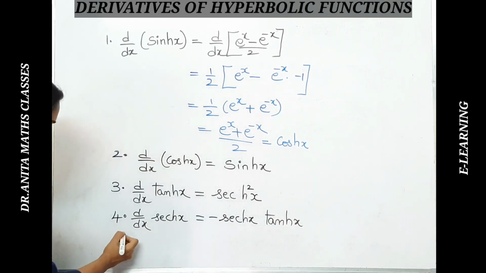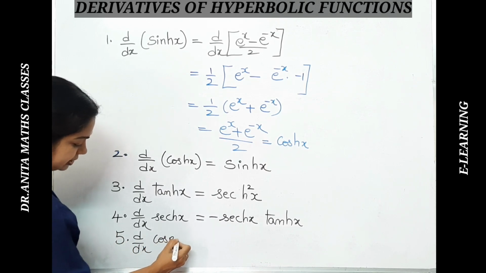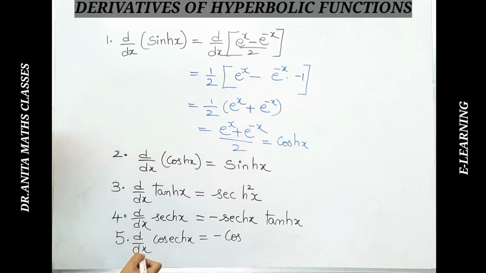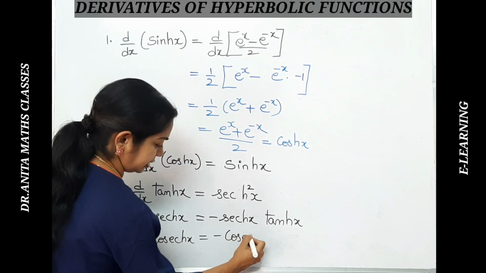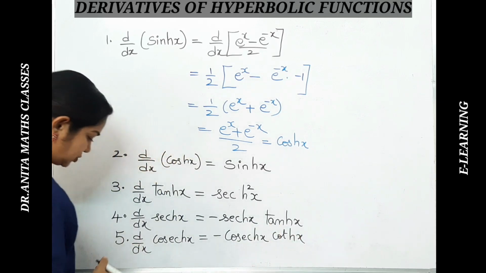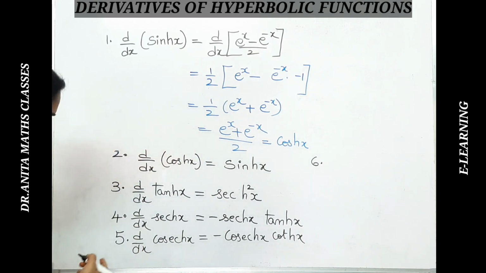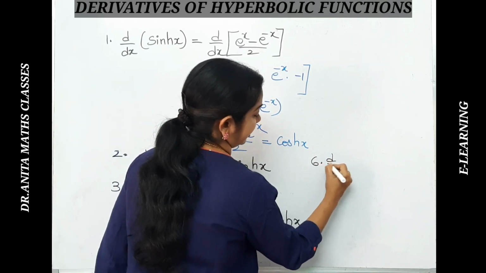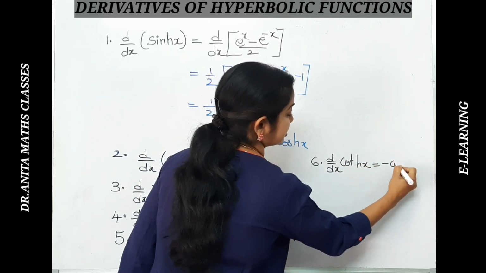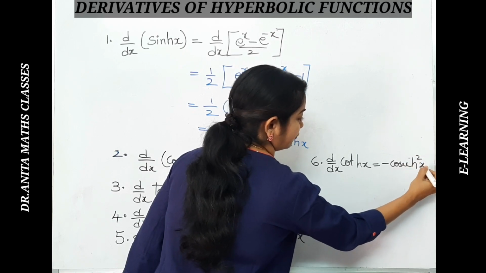And the derivative of cosecant h of x is equal to minus cosecant h of x cot h of x. And the last one, I'll note it down here, that is the derivative of cot h of x: d by dx of cot h of x is equal to minus cosecant hyperbolic square of x.